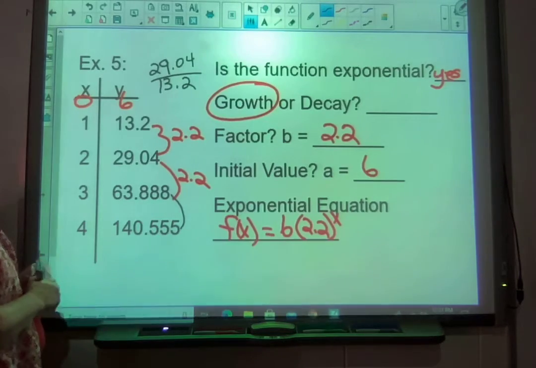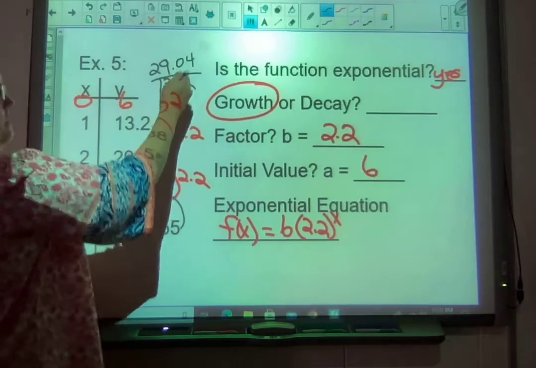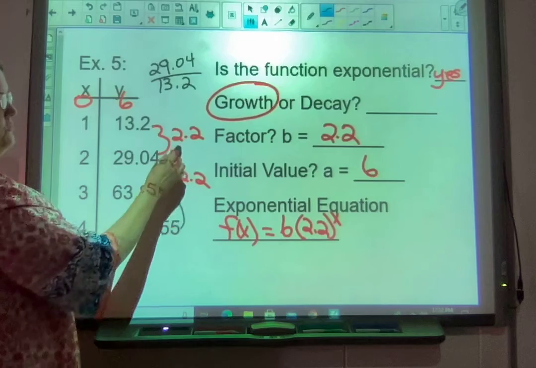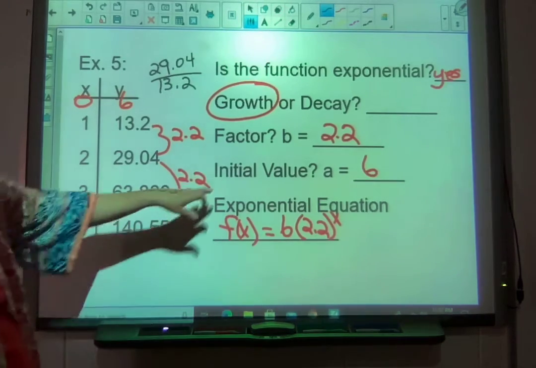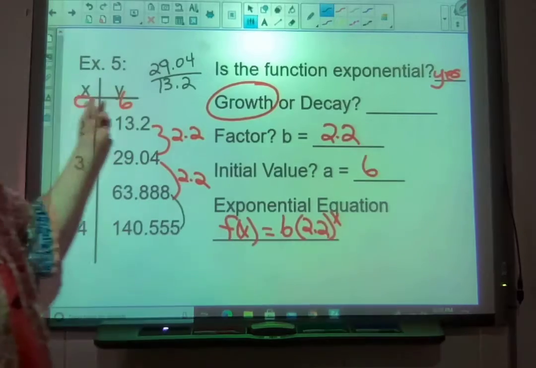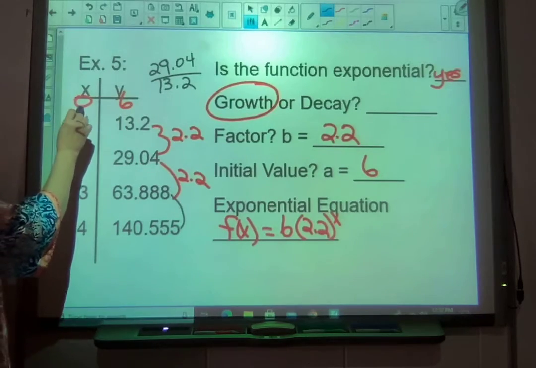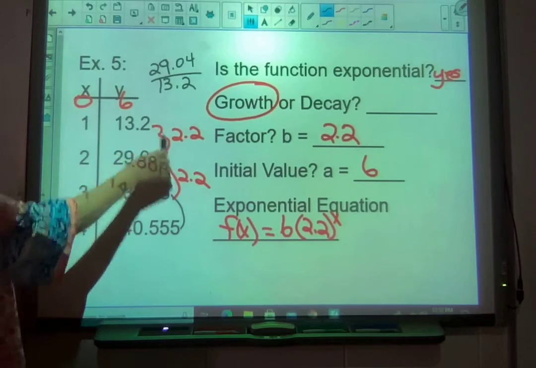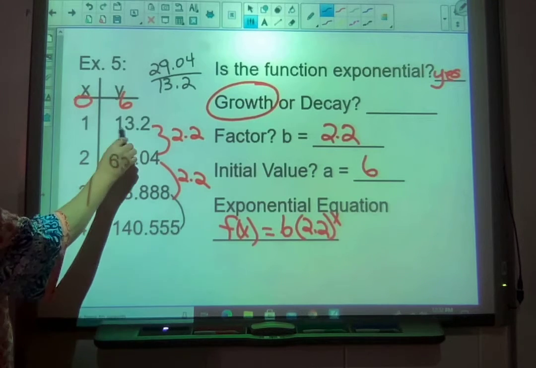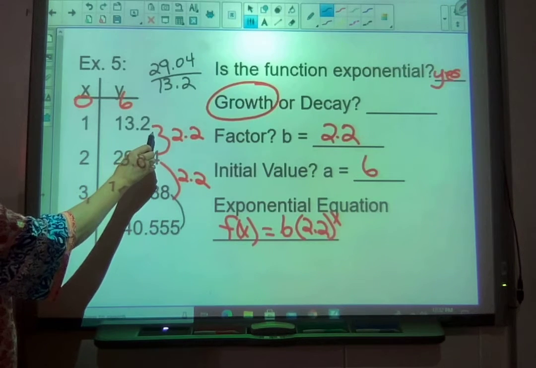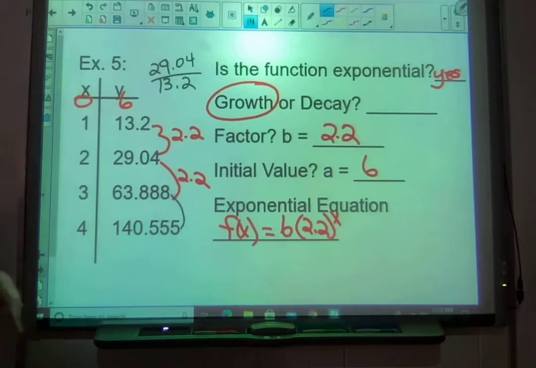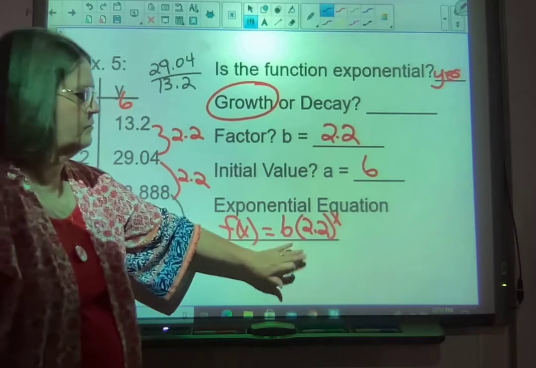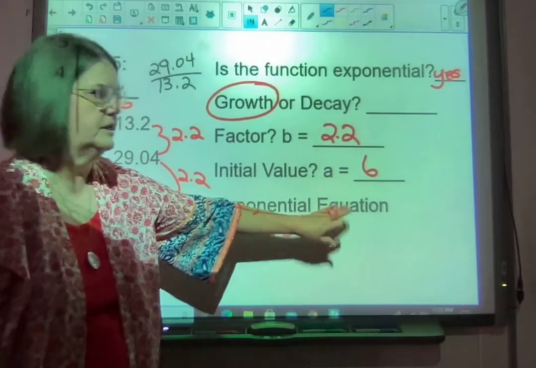So it is exponential, and you take 29.04 and divide it by 13.2 and you get 2.2. So that's what you're multiplying by all the way down. My initial value, that's where x is 0. If I'm multiplying by 2.2 to get here, I would take 13.2 and divide it by 2.2 to reach the 6. So that's my initial value. So 6 times 2.2 to the x power.